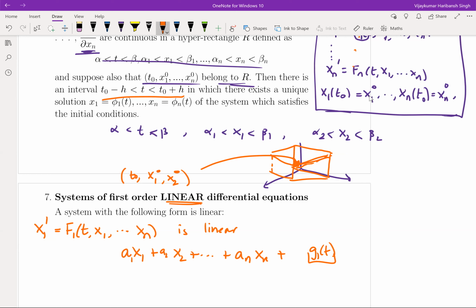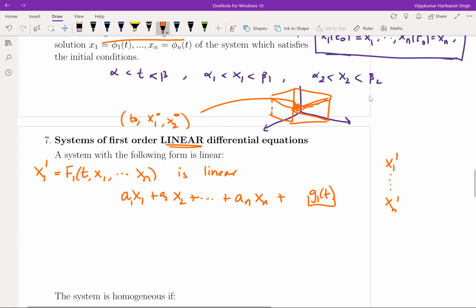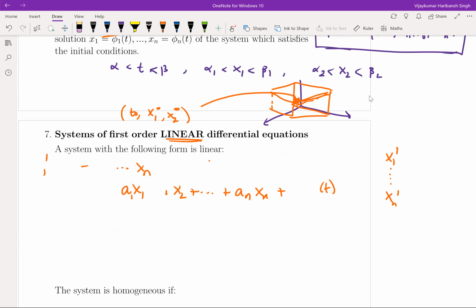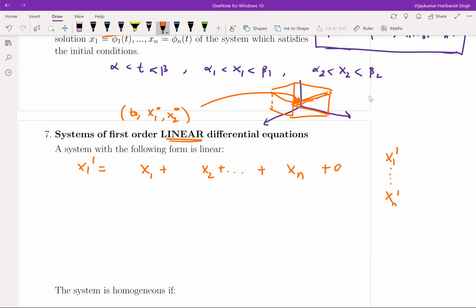Okay, so now how do I generalize it if, instead of x1 prime, I have all the way until xn prime? Such a system is given by the following. Let me erase this. So we have x1 prime equals x1 plus x2 dot dot dot plus xn plus g1 of t.